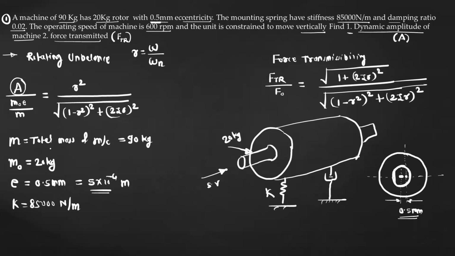So the zeta value is given, this is 0.02. Okay. And the operating speed, that is the speed of this rotor, is given as 600 RPM.